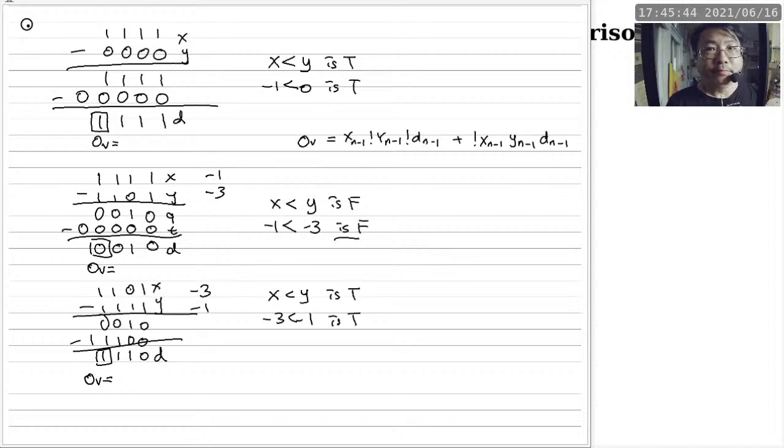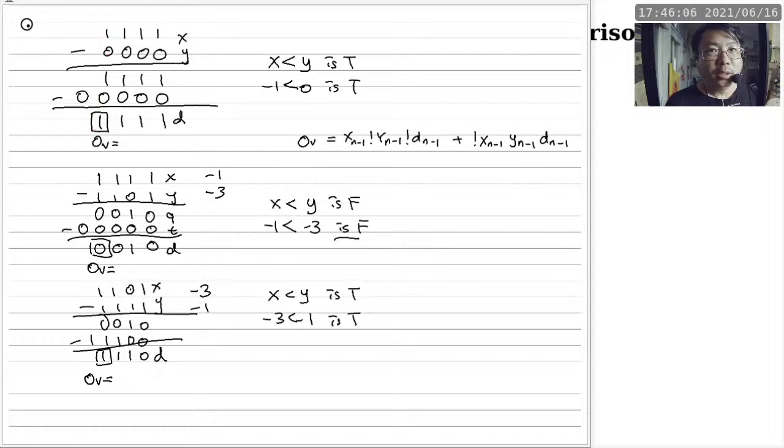Now, there's a quick way to do it. The quick way is to look for one or the other pattern. If it is not one or the other, then overflow is going to be false. In other words, you're either looking for 1, 0, 0, or you're looking for 0, 1, 1.